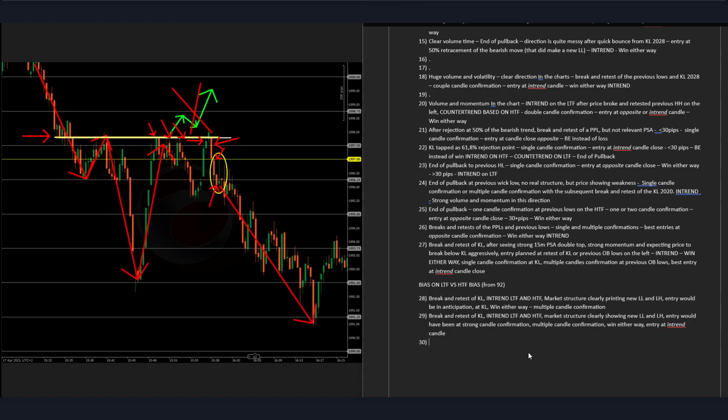So now, this is again another break and retest of key level. In lower time frame now, it's quite sketchy. In trend high time frame, sketchy. Lower time frame.